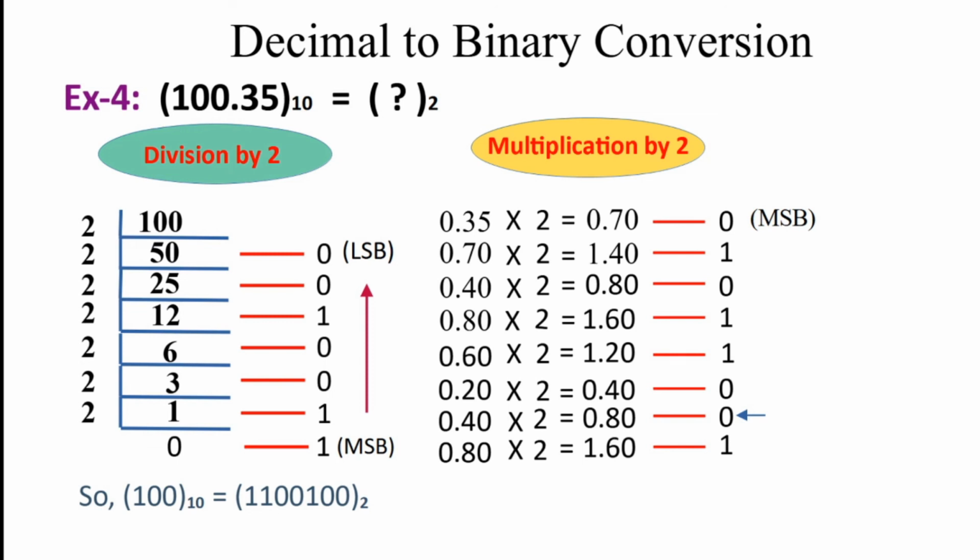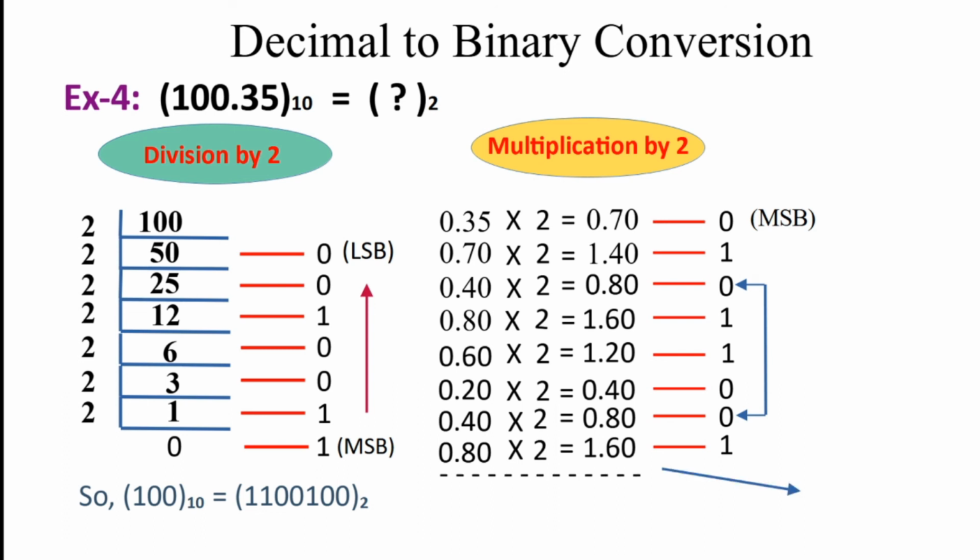Look at this, 0.80, 0.80, and if we perform the repeated multiplication, then this will be repeated again and again, 0, 1, 1, 0. So it will not be concluded.